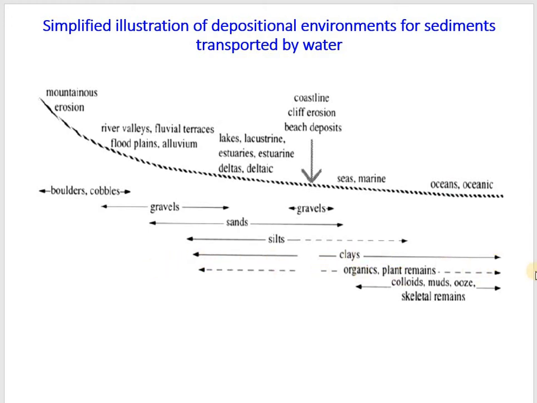So you can find only clay deposits if you move to the coastline. Then you can also find some organic plant remains, and once you move to the oceanic side, you find only organic plant remains, also some colloids and muds, and then skeletal remains. So that is how the variation goes according to transportation by water, from mountainous erosion to the ocean, in terms of what kinds of soil deposits you can find.